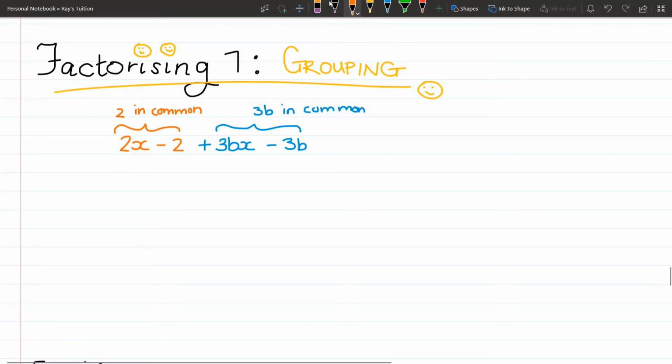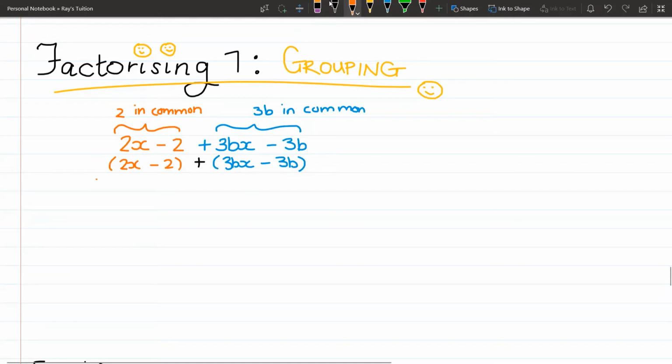So we are going to group our terms. That just literally involves putting brackets. So then this here is 2x minus 2. This plus will go out. Now pluses are nice things, they don't change signs or anything, so that will remain 3bx minus 3b. And then what we're going to do is factorize what's common in the first bracket.